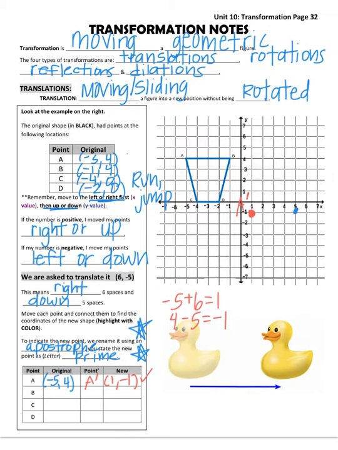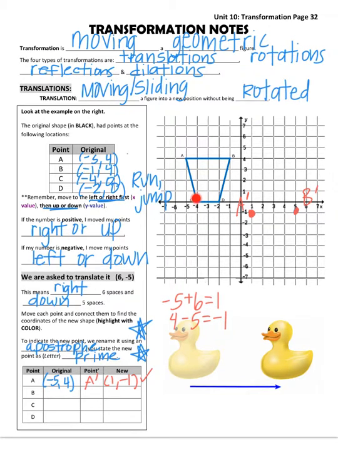Okay. So A prime and B prime are 1, 2, 3, 4 units apart. A and B are 1, 2, 3, 4 units apart. So we got it right.